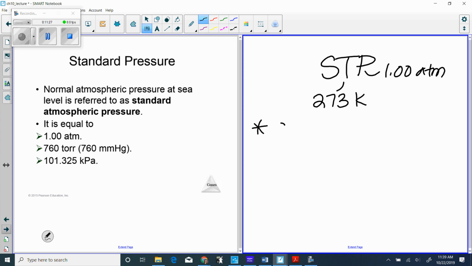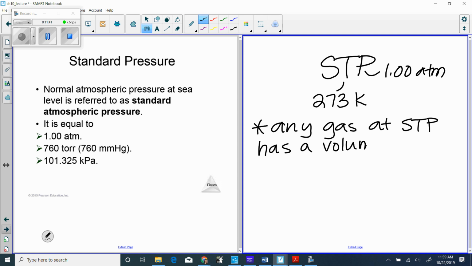Any gas, it doesn't matter what it is. It could be anything in the whole world. If it's a gas and it's at STP, it has a volume of 22.4 liters. It's a shortcut, but only if it's at STP, and if you forget it and you plug in numbers instead, you'll get the same answer.